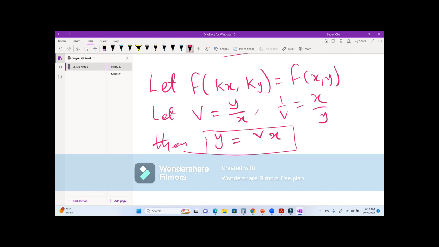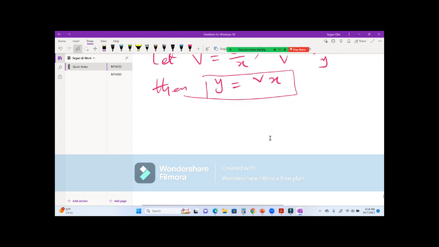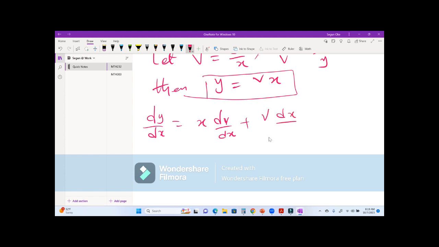So now let's differentiate y. When you differentiate y, you have dy/dx equals. Now I have a product here. If I differentiate y, I will hold x constant and differentiate v, plus, because they are both variables at that point, I will hold v and differentiate x.